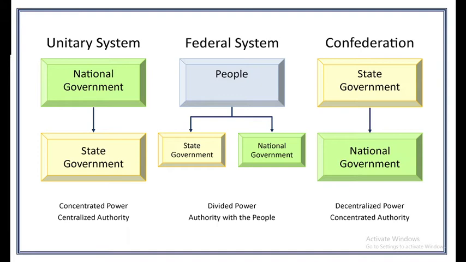In the federal system, powers are derived from the people, and from the people it goes to the national and state governments. More or less, the power is distributed between the state and national government equally. In short, it is a divided power between the central and state governments.